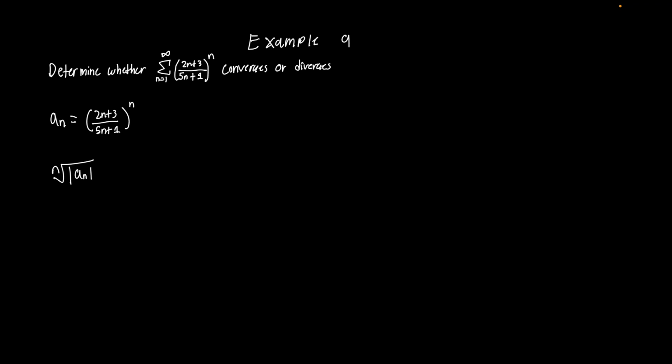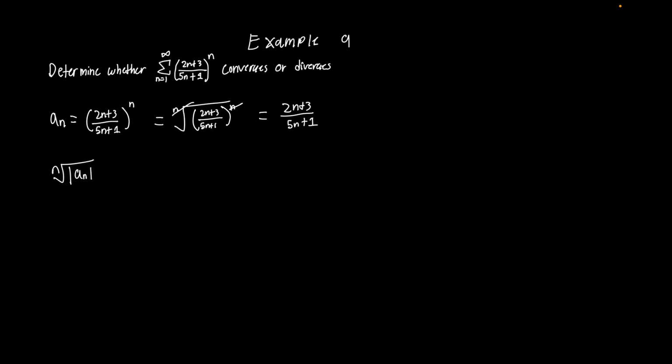When you take the absolute value, you're going to get the same thing. So when we take the nth root, the root cancels out the exponent. So this is going to be equal to the nth root of ((2n + 3)/(5n + 1))^n. The root and the exponent cancel out, which gives you (2n + 3)/(5n + 1).